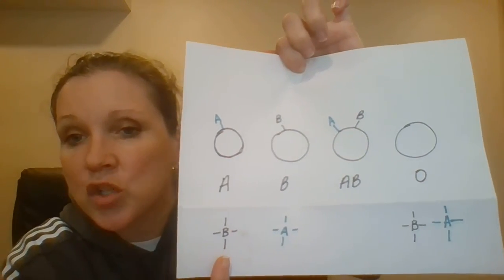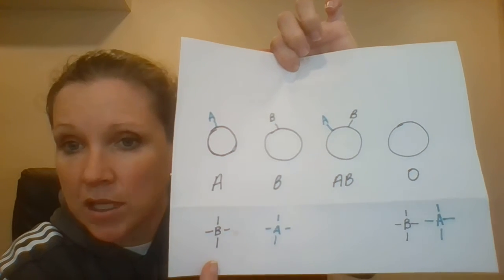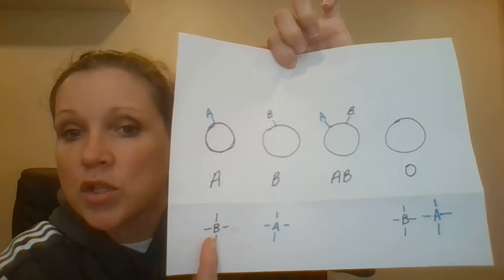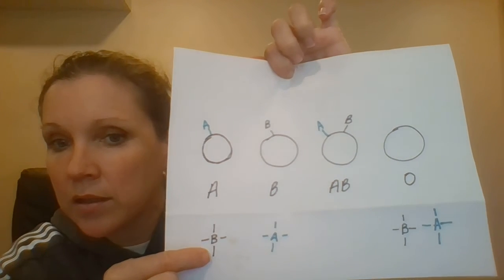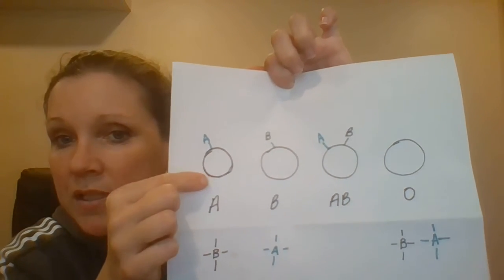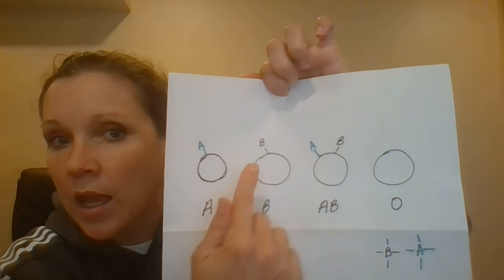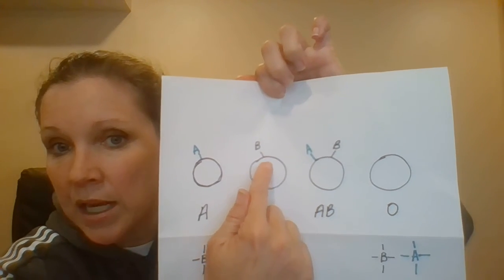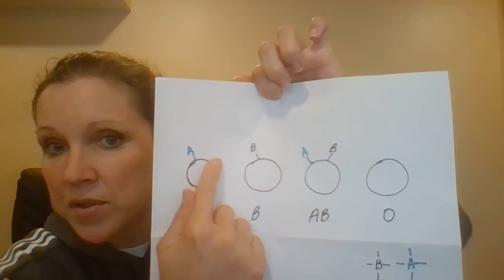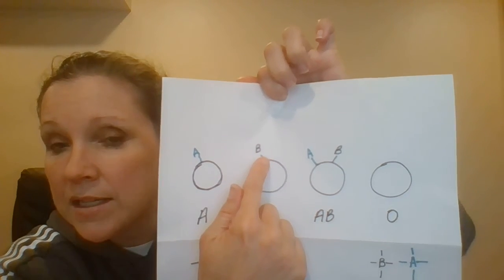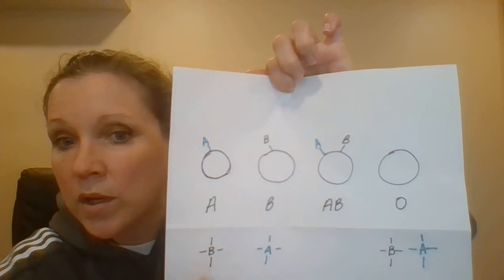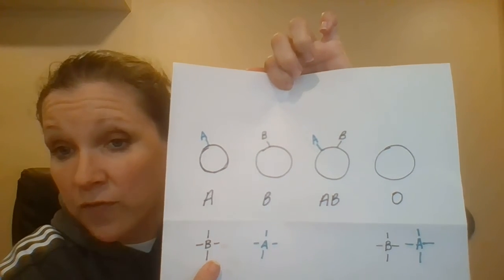These antibodies are trained to attack something that they don't recognize. So you'll notice that type A blood has a B antibody. So if I have a type A person and I take type B blood and try to put it into my type A person, they're not going to recognize that antigen. And because they can't recognize it, they're going to tell their antibodies there's something foreign here.